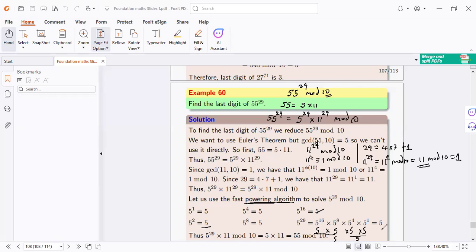And 5 times 5 will also be 5. So the remainder when you take 5 raised to 29 mod 10 is 5. And the other remainder was 1. So multiplying those two gives you 5.